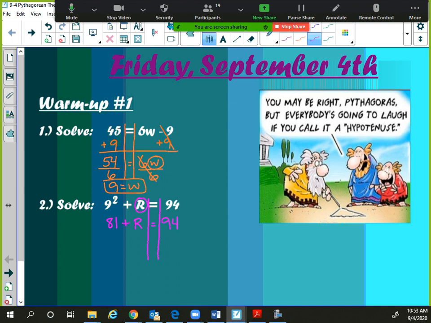And now when you look at it, it's really not that bad, okay? It's probably really easy. We still want the r, so what we need to cancel out is the 81. So I do so by subtracting 81 from both sides, because that cancels it out over here, leaving me with just r. And 94 minus 81 would be 13. Final answer: r equals 13.